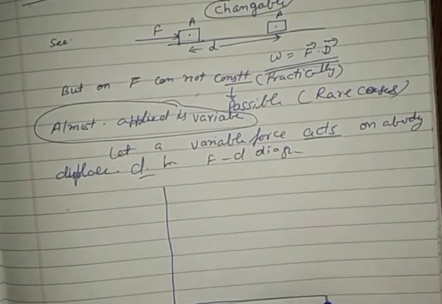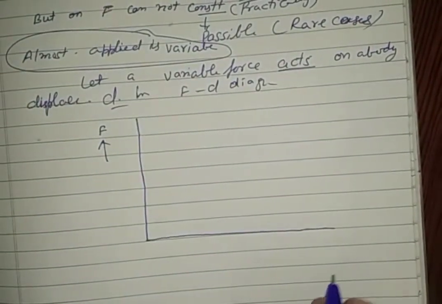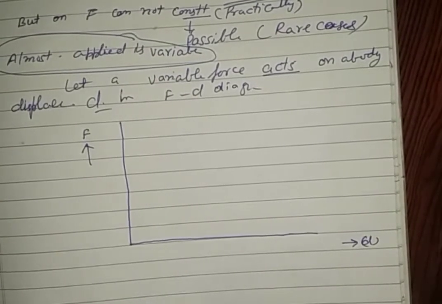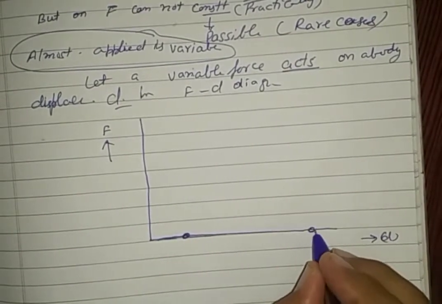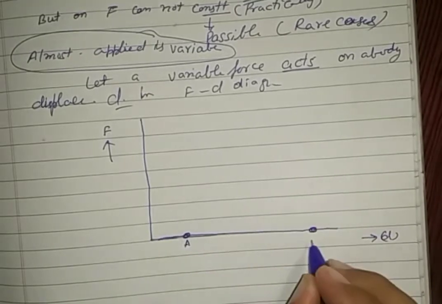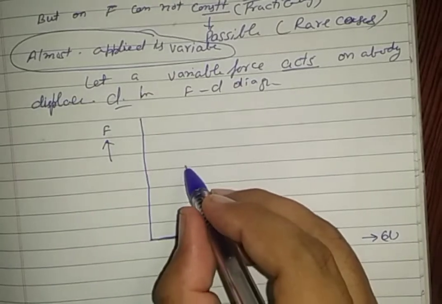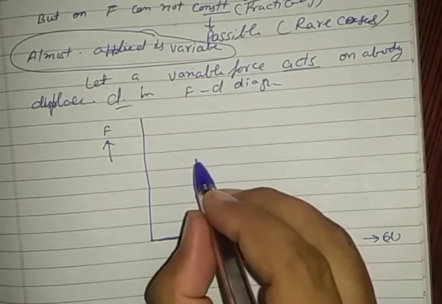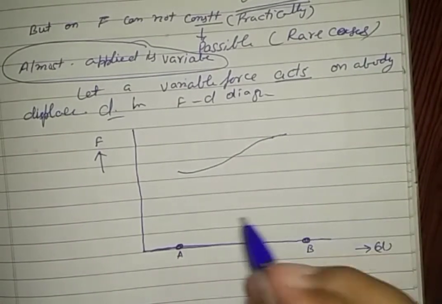Here, on the y-axis we have the force, and on the x-axis the displacement D is given. The body moves from position A to B. While it is moving from A to B, the force acting between A and B has different values, and it is represented by this graph.